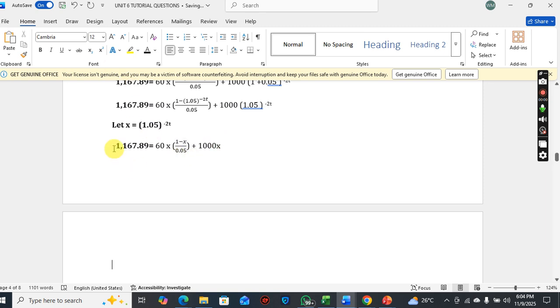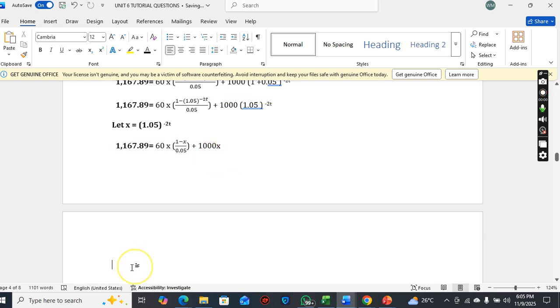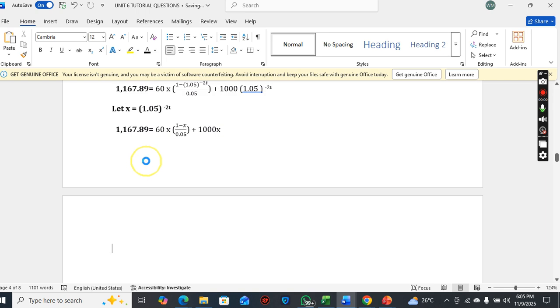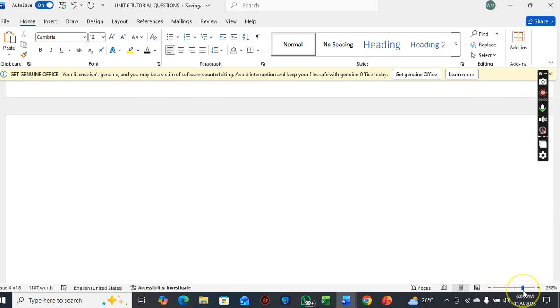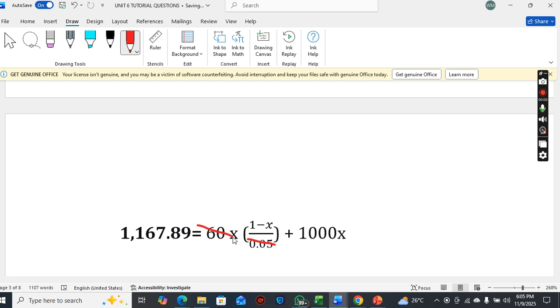So here what you can do, you can start by saying this. 60 divided by 0.05, you get 1200.